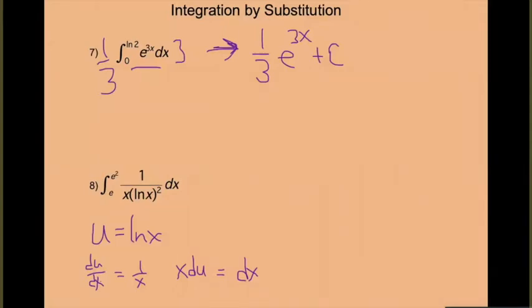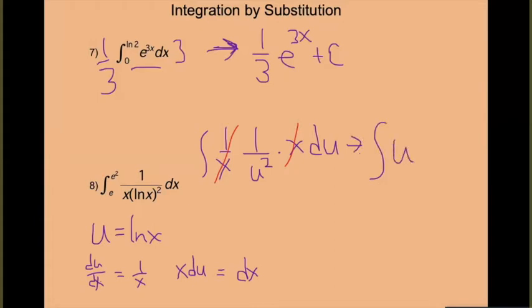All right. Now, the second one is not a walk in the park. I did the u substitution for you. So let me rewrite this. We've got the integral of 1 over x, 1 over u squared, and then our du is x du. It's going to be a power rule. The 1 over x and the x cancel out, and this goes to the integral of u to the negative second du.